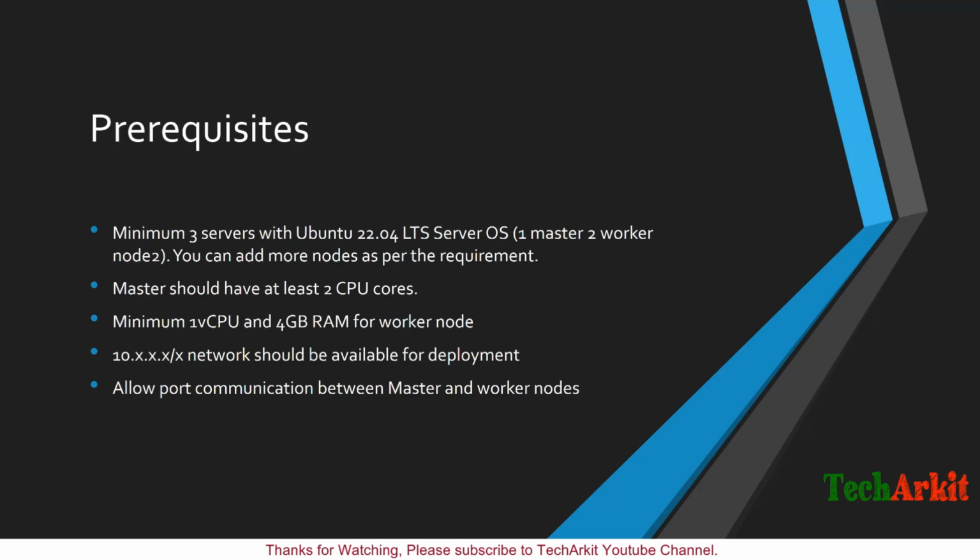That's okay, you can have the master and nodes side by side, connected to a similar network switch, so they can communicate without any issues. But if you're deploying the worker node in a different location or a different network, make sure that the port communication is enabled between the master and the worker nodes.